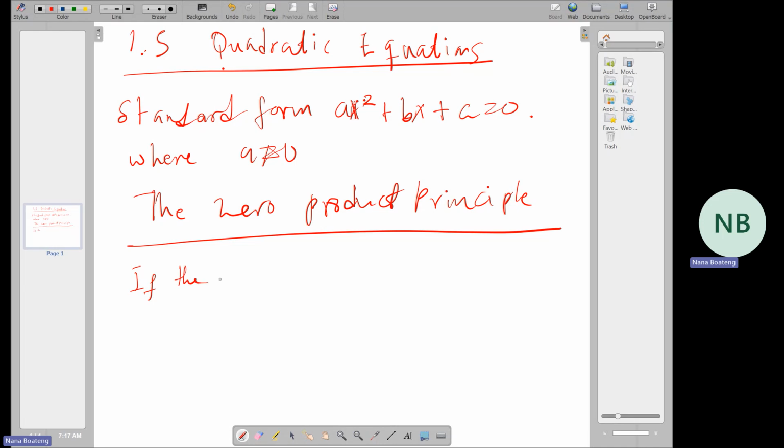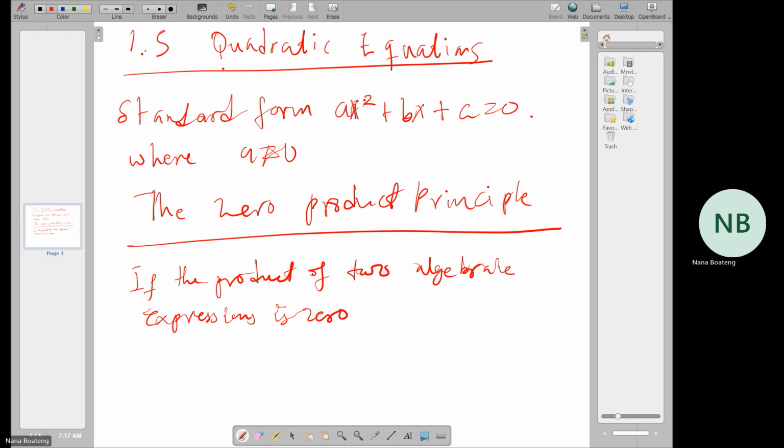If the product of two algebraic expressions is 0, then at least one of the factors is 0.